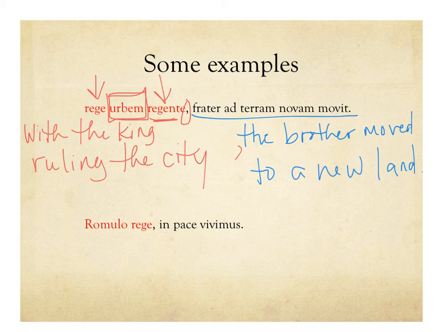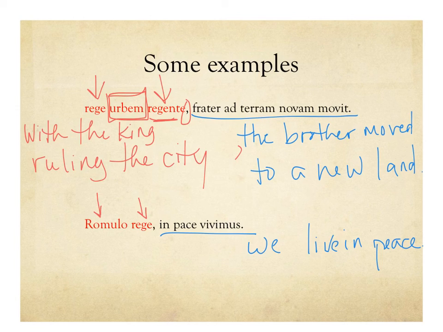Our last one is maybe a little stranger than the others. And you can see, again, here's our main clause: In pace vivimus. We live in peace. And you can see that we have Romulo here, right? But here instead of regente, we have rege.